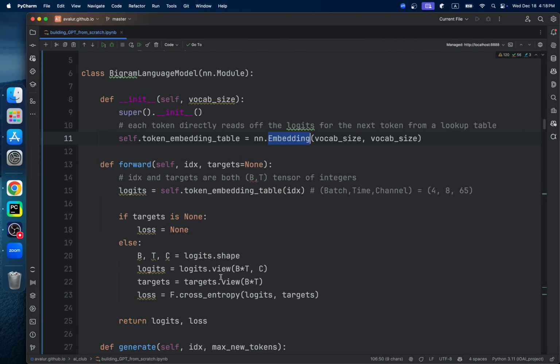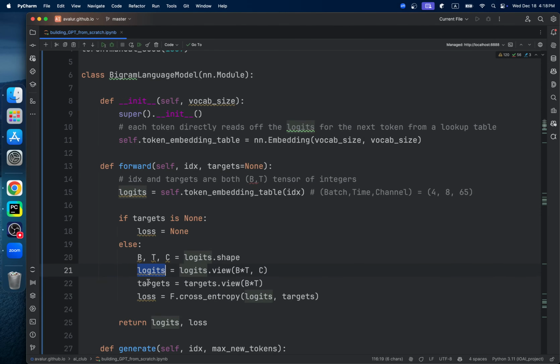Here you see the forward method. We simply take logits as a row from the embedding table, and then we use them to softmax everything and predict probabilities. Here you see cross entropy.